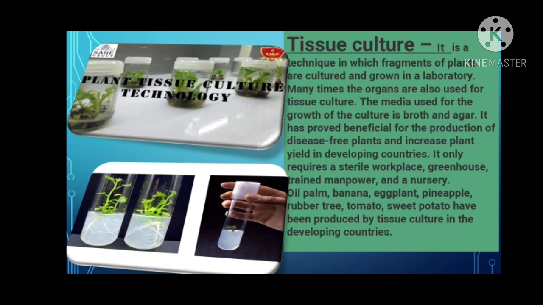Amino acids include L-glutamine, L-asparagine, L-glycine, L-arginine, okay, L-cysteine, and other organic supplements like casein hydrolysate, coconut milk, yeast, malt extracts. Carbon sources like sucrose, galactose, and growth regulators like auxin, cytokinin, gibberellin, abscisic acid.